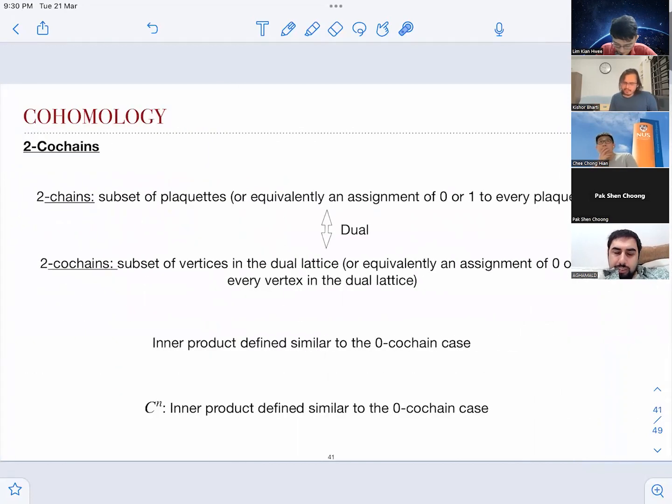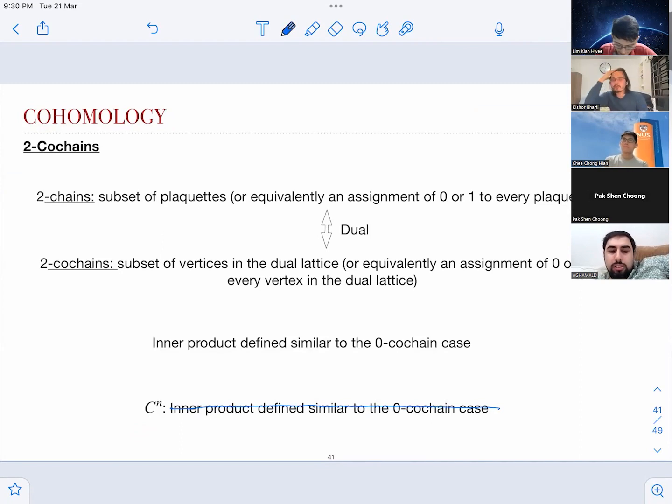Similarly, you can talk about two cochains, and the inner product is defined similarly to the zero cochain case. Oh, sorry, there's a typo: C^n is basically the group of cochains that we are interested in.